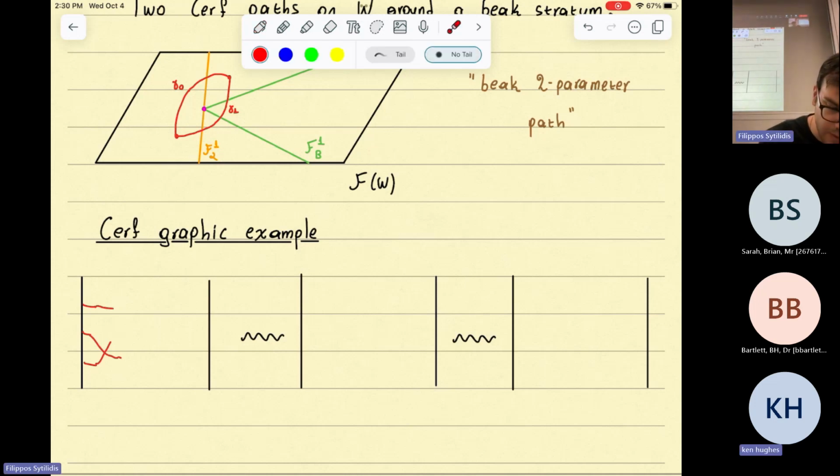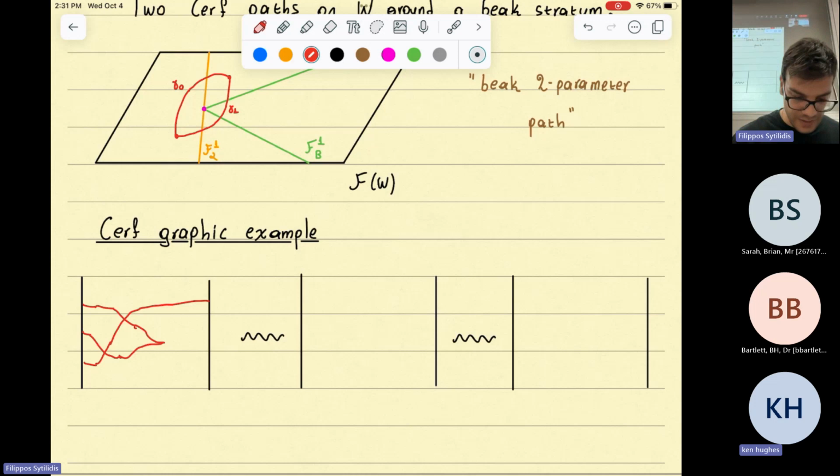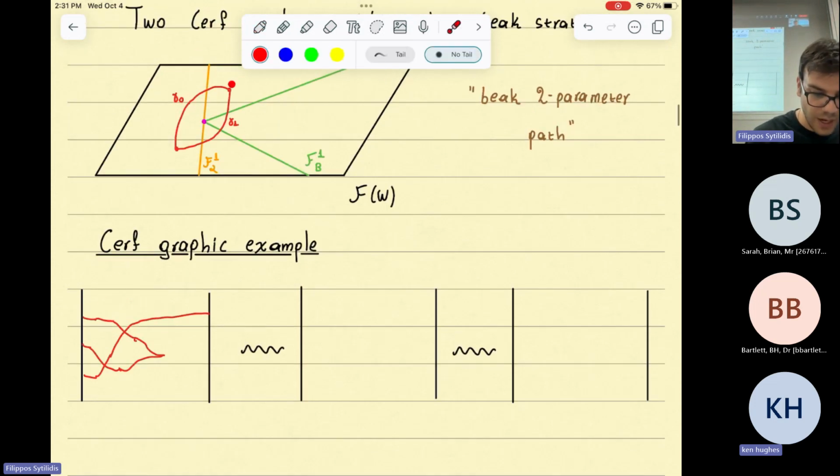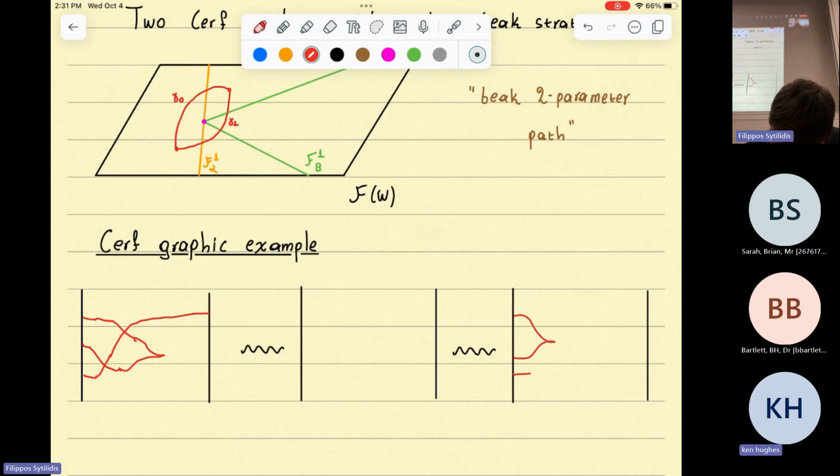And then let's suppose that this here crosses the other 2. And then let's suppose that I have my clasp. Okay, that's a horrible drawing, but that's like the Cerf graphic for gamma 1, or would be the Cerf graphic for gamma 0. I would have my clasp, and then I would have the fold.